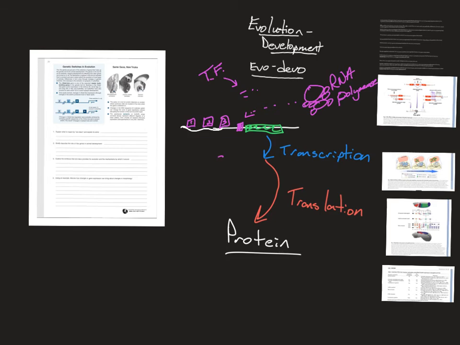You have spliceosomes that are going to cut out introns and splice together exons, and you have microRNAs that bind to and degrade mRNAs. Of course, you make the mRNA, and can make several different kinds. You have ribosomes that make the protein from the mRNA.